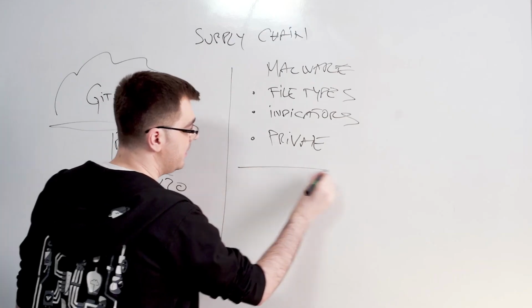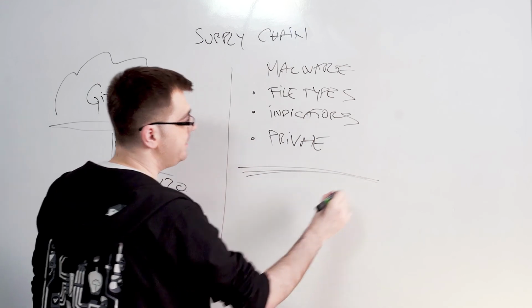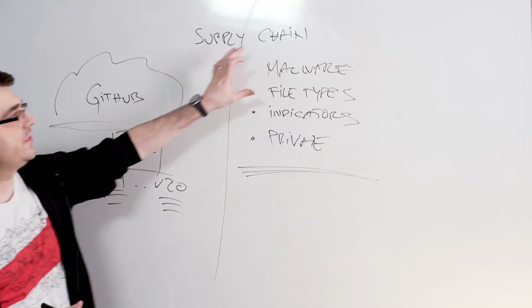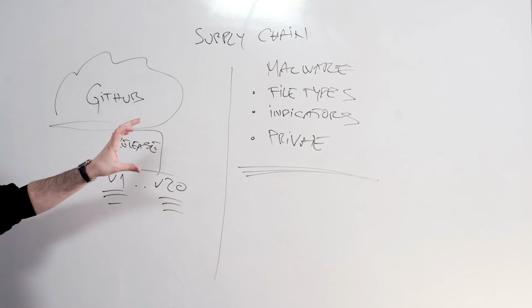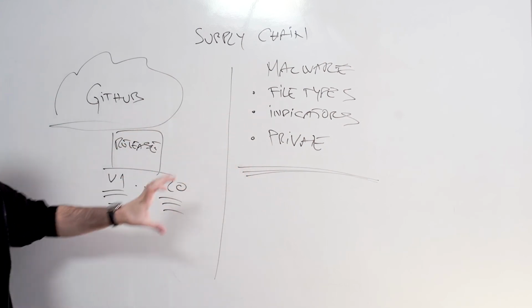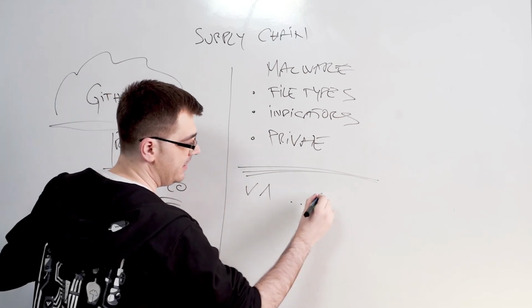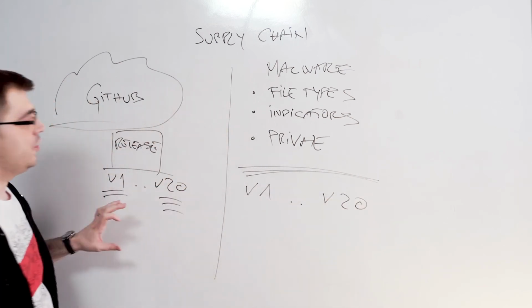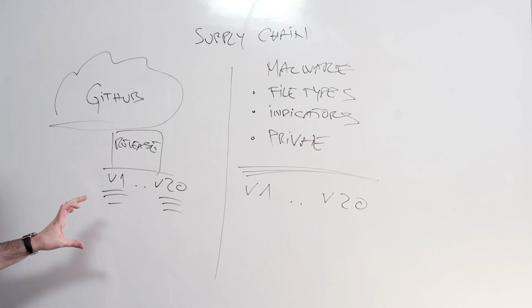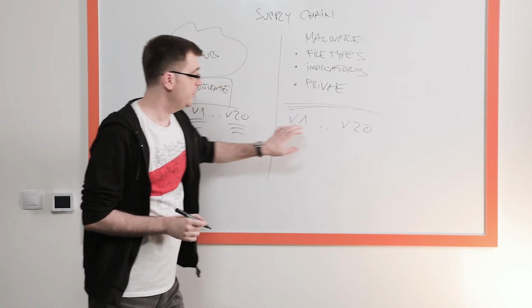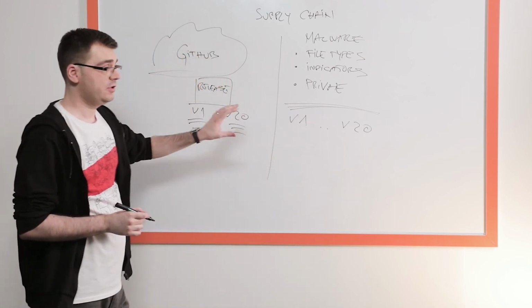And then finally, how does this platform protect the user from the software supply chain is by storing a report about every single release, so from V1 to V20, in your GitHub repository, and making a computation of what has changed between each and every one of the versions automatically.